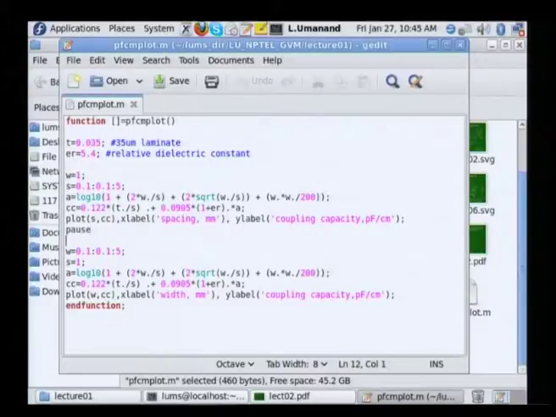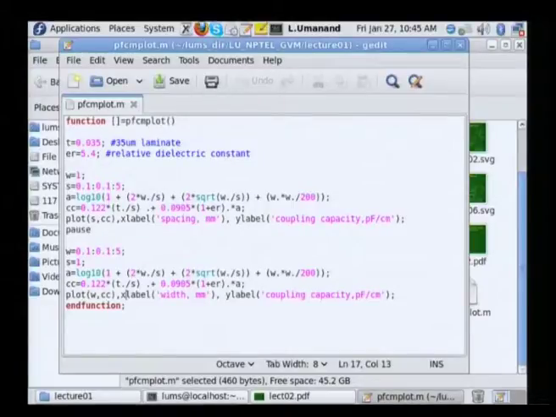Then after that, we would also like to see not only with respect to S but also with respect to the width of the track w. So next I make the width of the track a vector from 0.1 to 5 in steps of 0.1. And then S is just 1 mm, the spacing between the tracks, and again we apply the same two equations and then we plot.